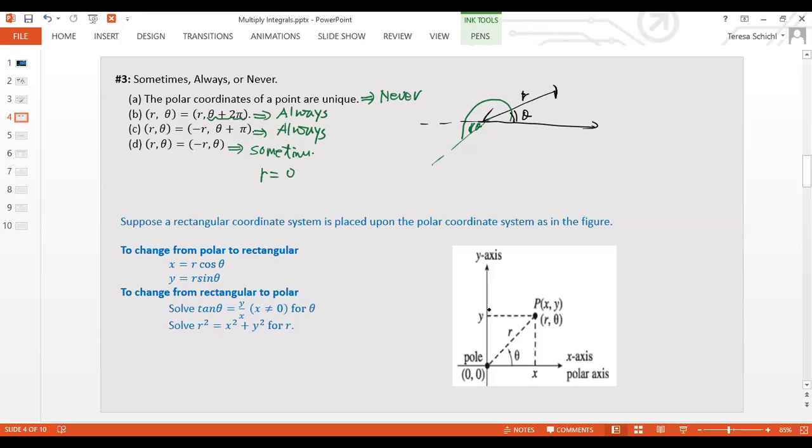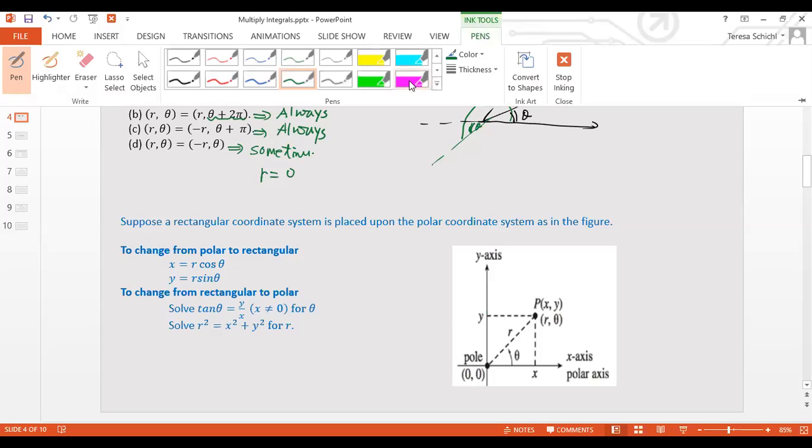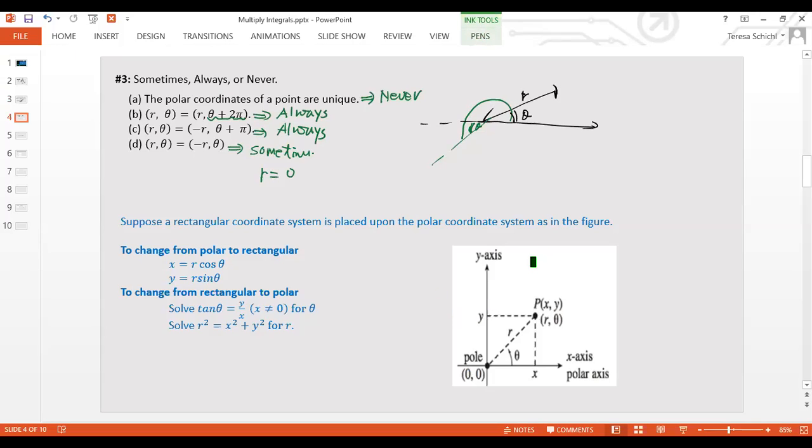Okay, so the next thing is that we are going to work on the conversion between x and y. How do we change between the polar coordinates and the Cartesian coordinates? This is P(x, y) in Cartesian, and this is (r, theta), related to the polar.